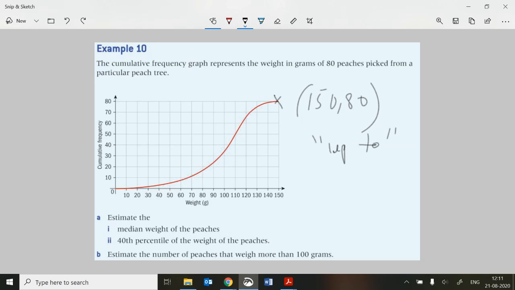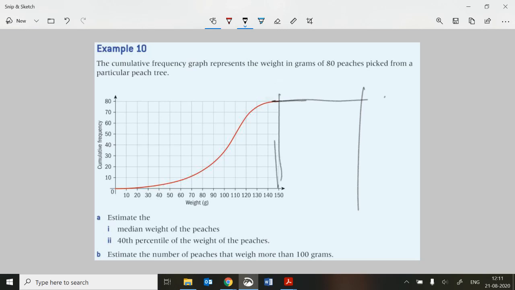Seeing as we've got 80 peaches all accounted for there, we don't need to go beyond that. If we were going to take this graph beyond where we are at the moment, it would just be flat, because it would also be true to say that there are 80 peaches up to 200 grams, 80 peaches up to 1,000 grams. It's just that we know the 80 peaches are already accounted for when we get to 150 grams.